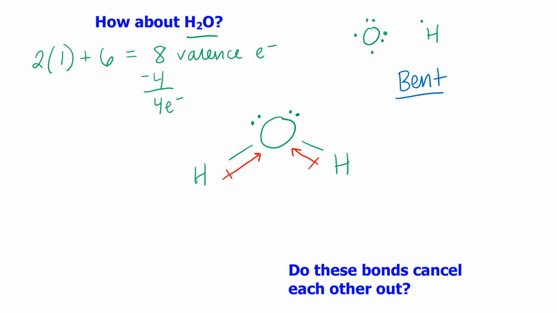And so when we go to ask ourselves this big question of, do these bonds cancel out? Here we're going to have to answer no, because all of the electrons in the molecule are being pulled in one direction.